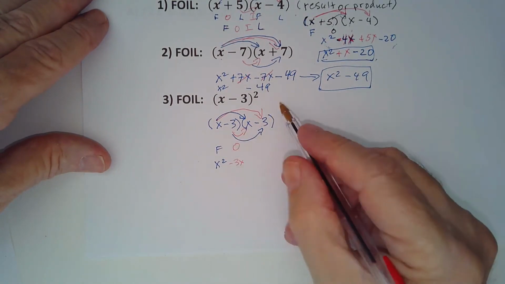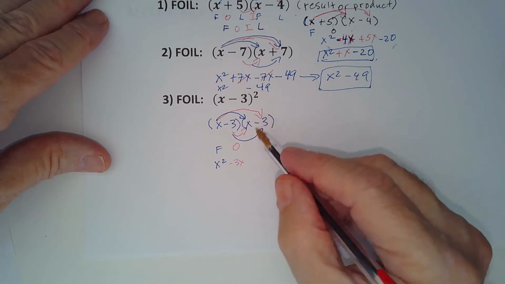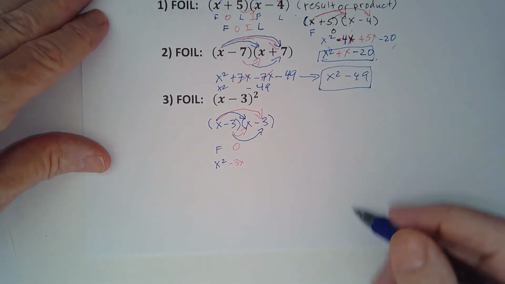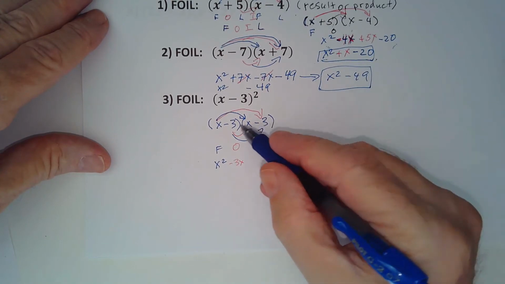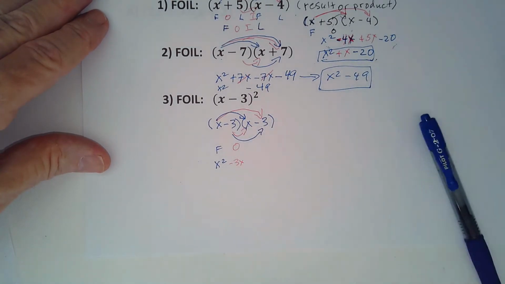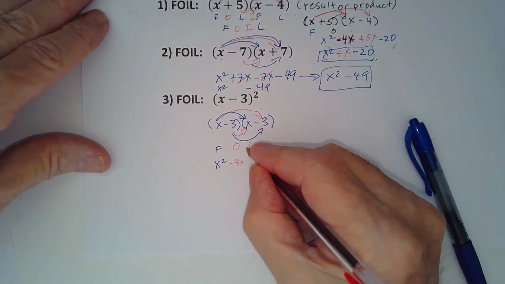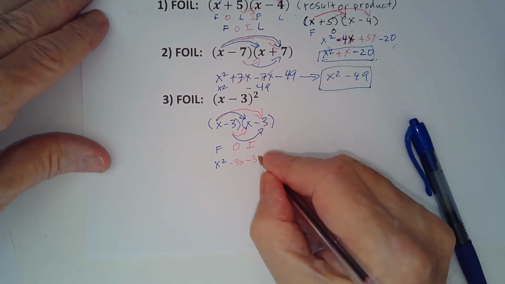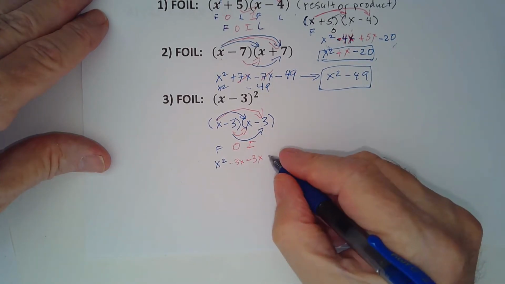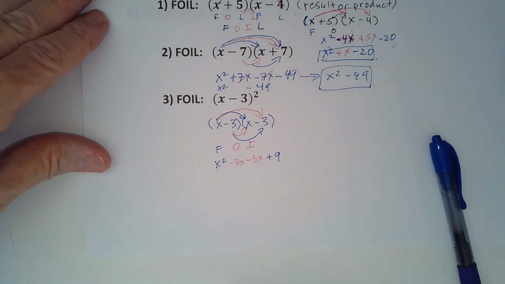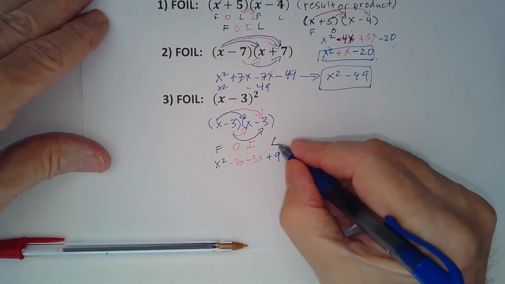And you also have inner. So inner is also negative 3x. And then last is negative 3 times negative 3, which is positive 9. And that's your last, so you put that like this.